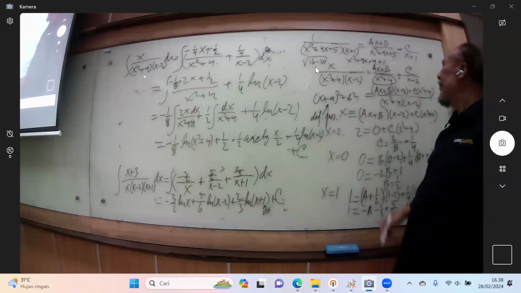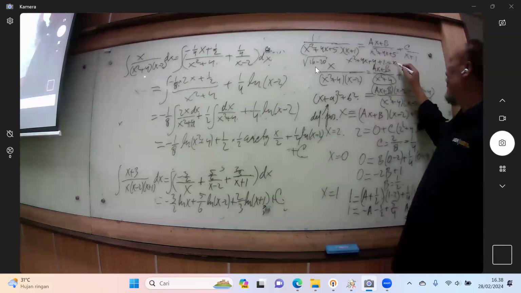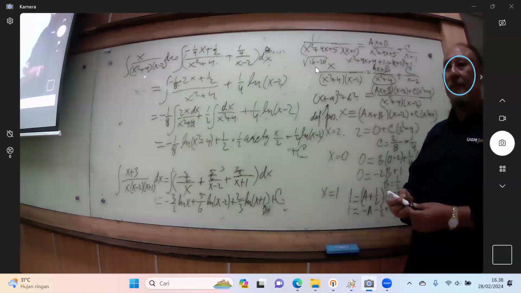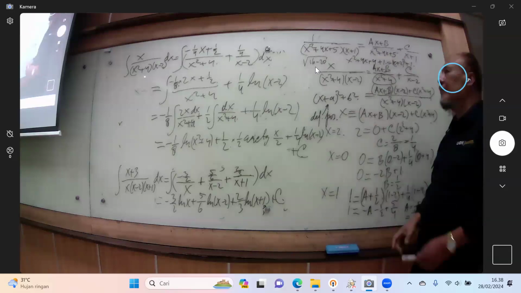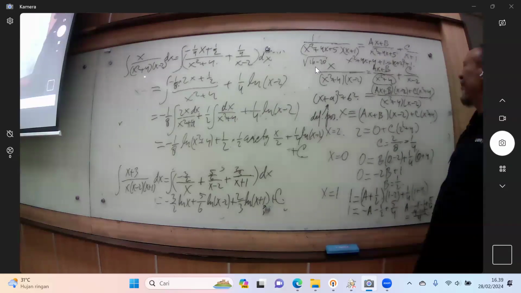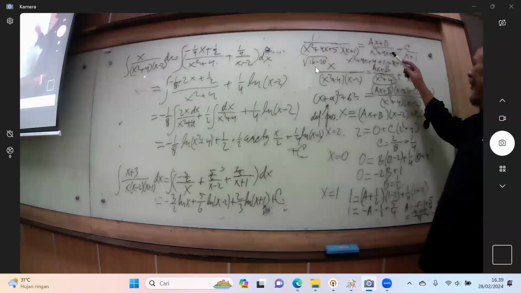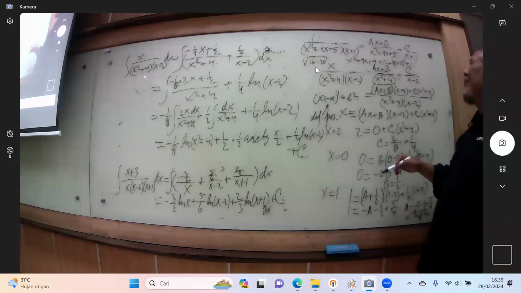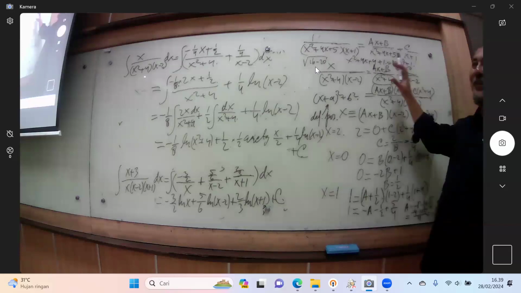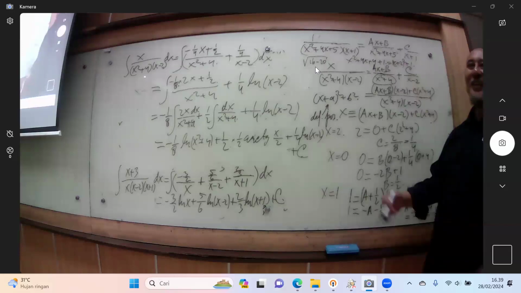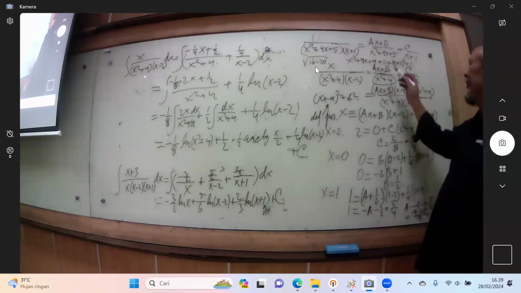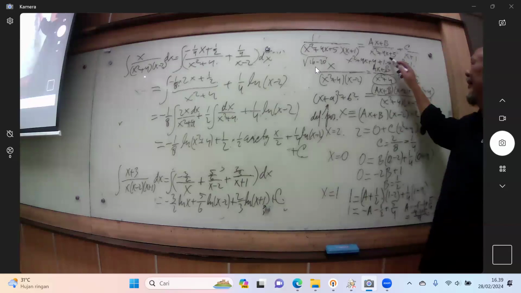So it becomes (x plus 2) squared plus 1. So this is the maximum form of the denominator. Otherwise, just leave it.